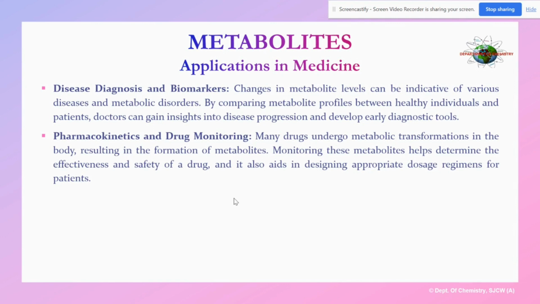So, drug monitoring and pharmacokinetics can also be followed through metabolite concentration measurement because drugs are metabolized into secondary products. If we can monitor the concentration of these metabolites, you will be able to understand the drug pathways better.